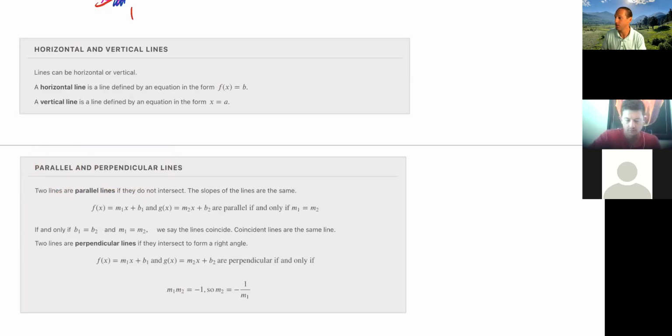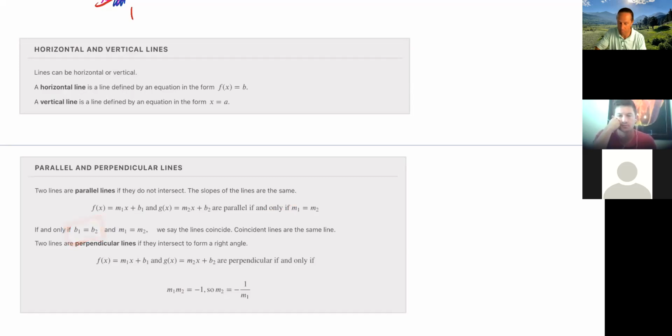Parallel means that they will never intersect. And the only way that two lines will never intersect is if they have the exact same slope. Right? So that's what they're saying here, is that the slopes are the same. But even if those are the same, you do have to make sure that these are not the same.